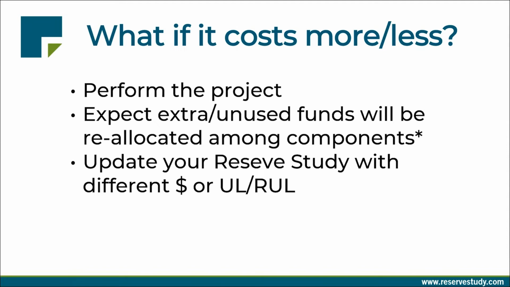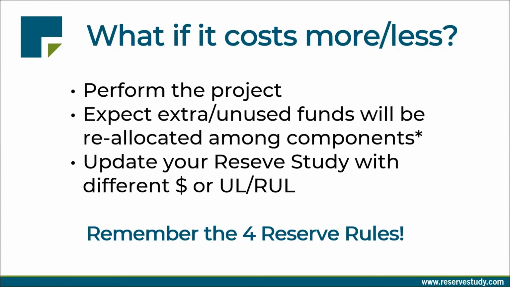So in this case, first and foremost, just go ahead and do the project. Expect that the extra dollars will either come from other reserve projects or can be redistributed to other projects. The asterisk on that second point there is to let you know that all this happens automatically when using the cash flow method. And then make sure your reserve study is updated with this new information, making your reserve study better every time, over time.